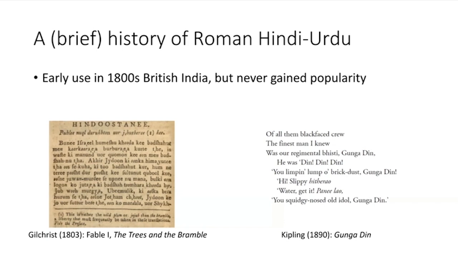That, by the way, is a translation of Aesop's fables into what they called Hindustani, a mix of Hindi and Urdu, but in the Roman script. Rudyard Kipling, a British Indian writer, also used this. We see here a poem written in English, but with some code switching into Hindi, written in the Roman script. So this was used during colonization of India and Pakistan, but it never really gained popularity among the native population.